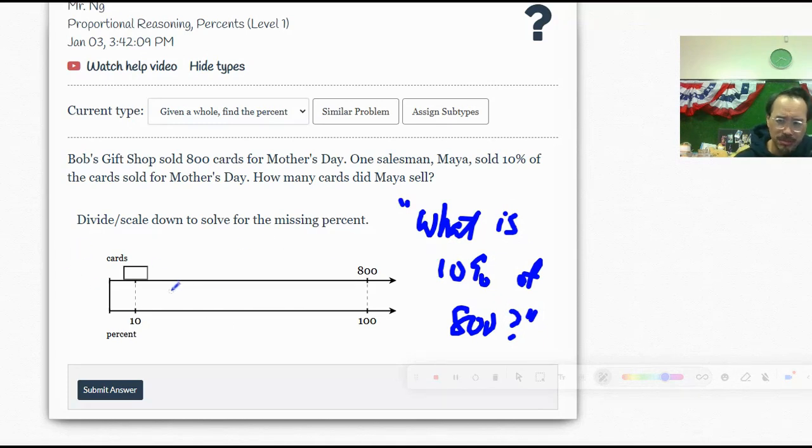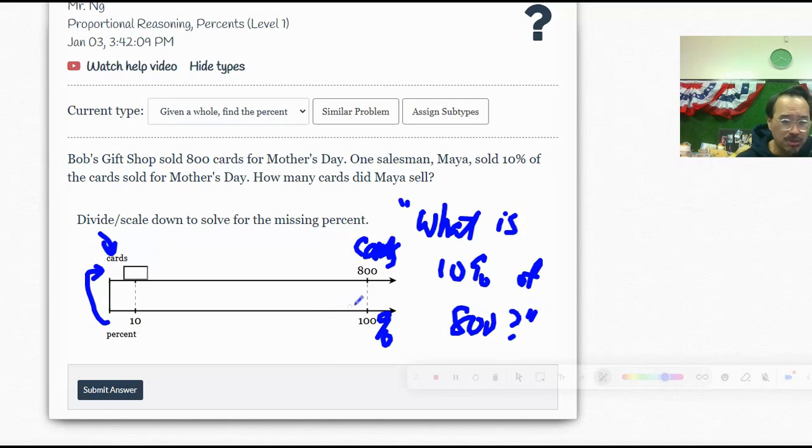Again, we're using a double number line. Here we have 10 to 100, so I think you see where I'm going. We just need to know how much is 10% of 800. If 100% represents 800 cards, 10% represents how many cards?